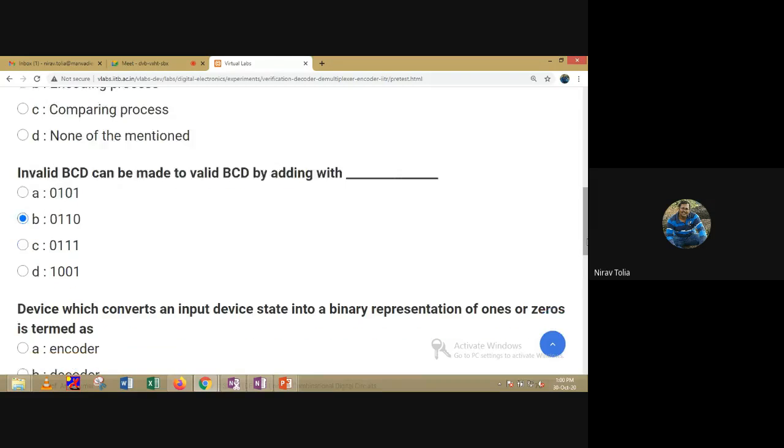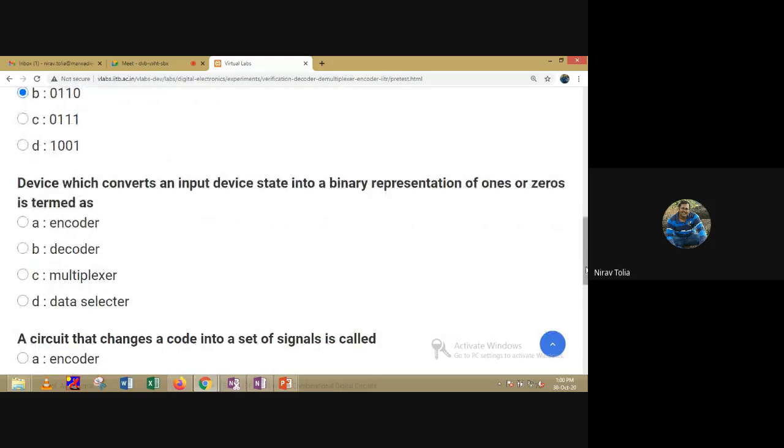So very good, everyone. Now the next question: a device which converts an input device state into a binary representation of ones or zeros is termed as a? So we have a device whose input has some state and it's converting it to binary. Which device is it?